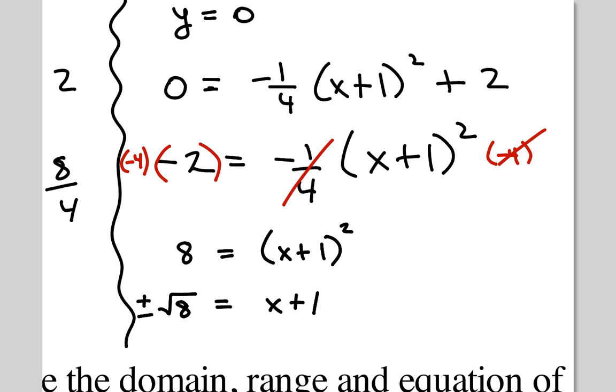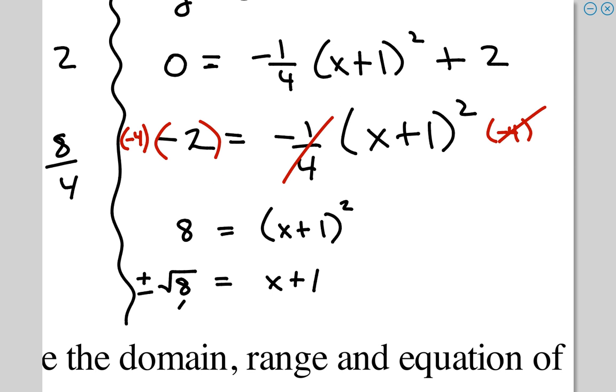What would root 8 become? A mixed radical. How does 8 break down? 4 and 2. The 4 comes out as a 2. So you have plus or minus 2 root 2 equals x plus 1.